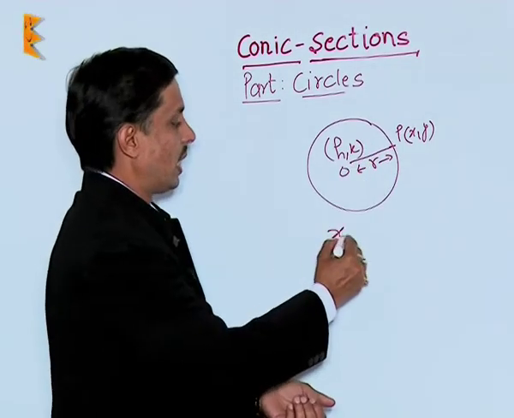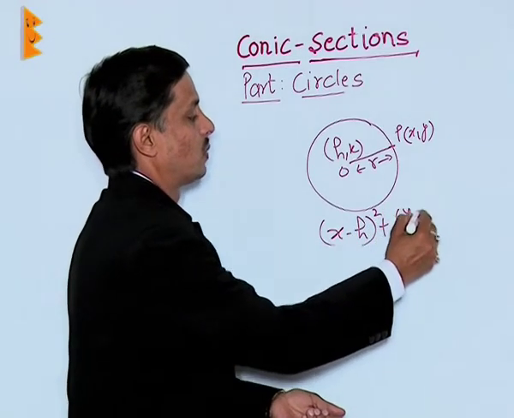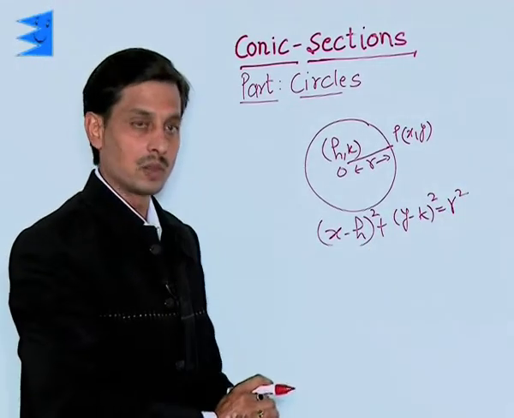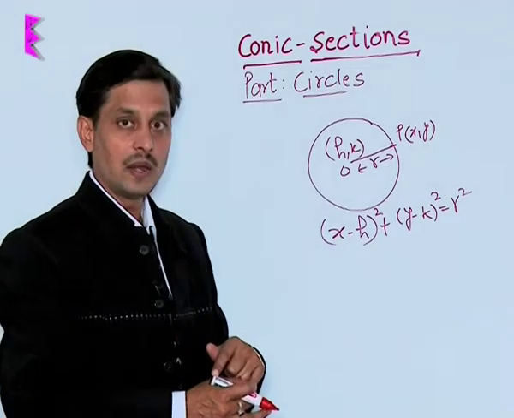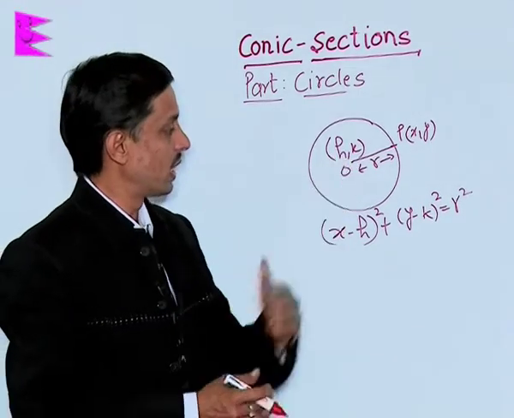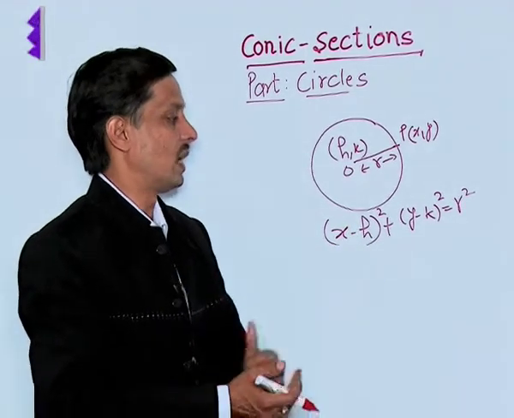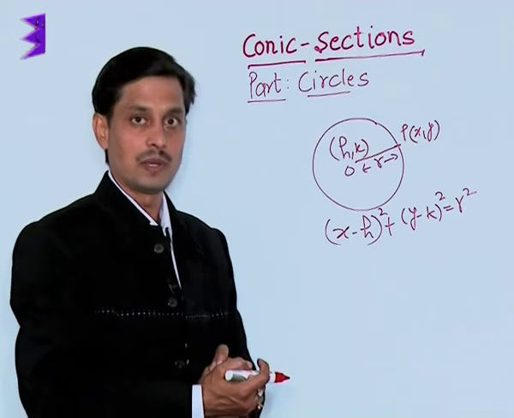It is given by (x minus h) square plus (y minus k) square is equal to r square. So the equation of that circle whose center is at h comma k, radius is r, is given by (x minus h) square plus (y minus k) square is equal to r square.